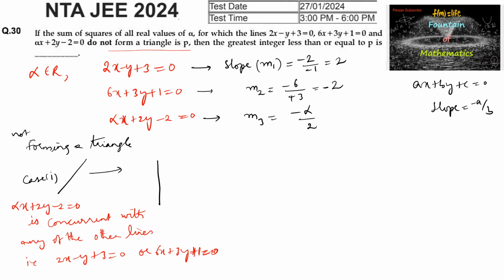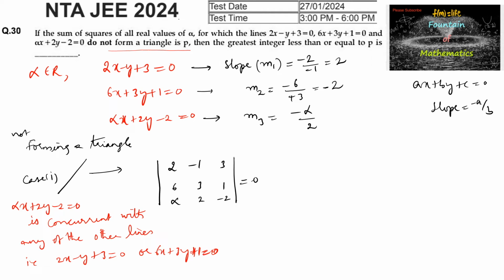For a1x plus b1y plus c1 is equal to 0, a2x plus b2y plus c2 is equal to 0, and a3x plus b3y plus c3 is equal to 0 to be concurrent lines, we have the determinant of a1 b1 c1, a2 b2 c2, a3 b3 c3 is 0. That is, we can write 2, minus 1, 3, 6, 3, 1, alpha, 2, minus 2, which is equal to 0.